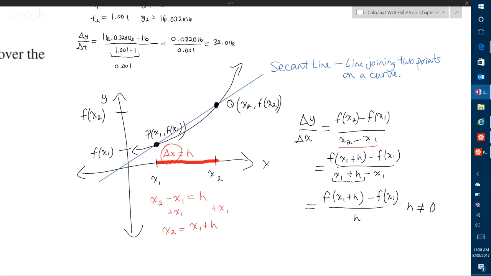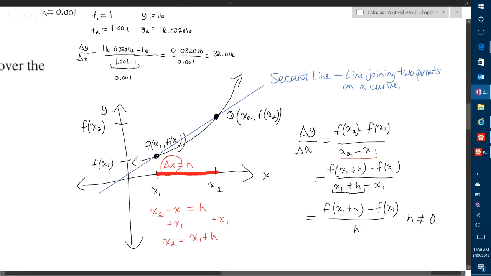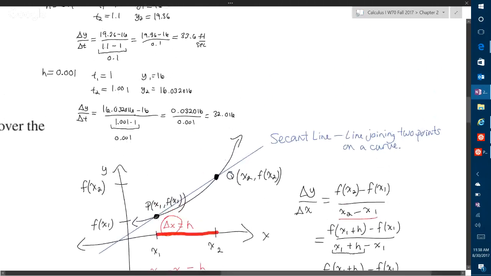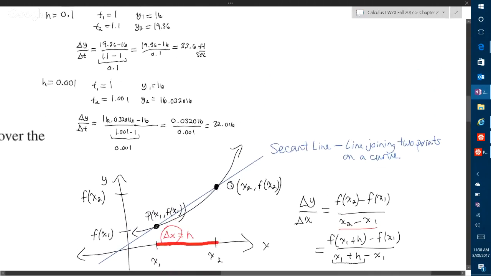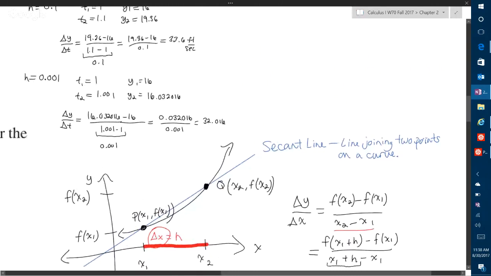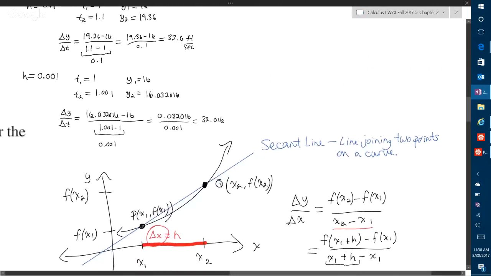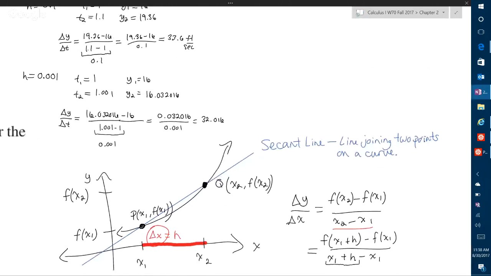If we were to draw a series of secant lines for the other examples that we did, so the length of this is h. Remember, the idea is to get h smaller and smaller when we're looking for instantaneous speed. So if my h was half of this and I ended up right here, the secant line would move.